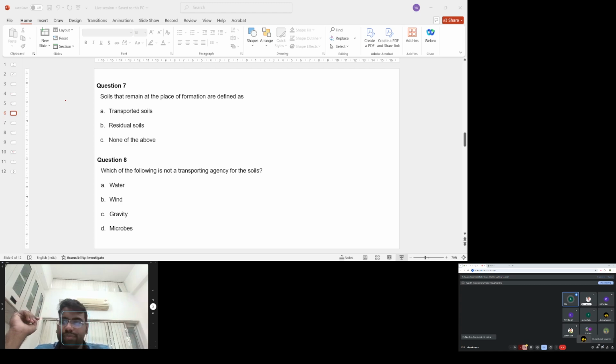Okay. You have separate sources for the residual soils? Yes, separate sources. As I mentioned, peat is a kind of residual soil, and chemical weathering essentially results in a large extent of residual soils.